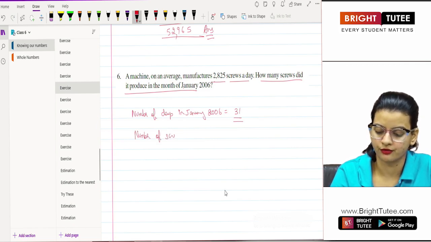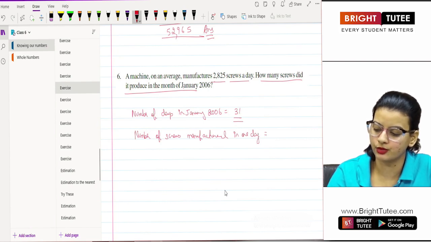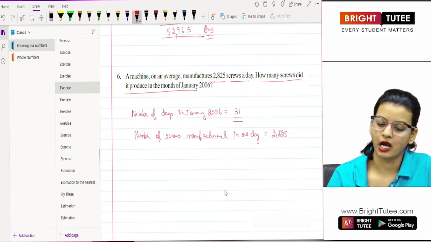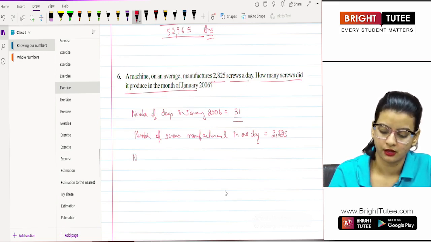So the number of screws manufactured in one day is equal to 2,825. How many screws did it produce in the month of January 2006?